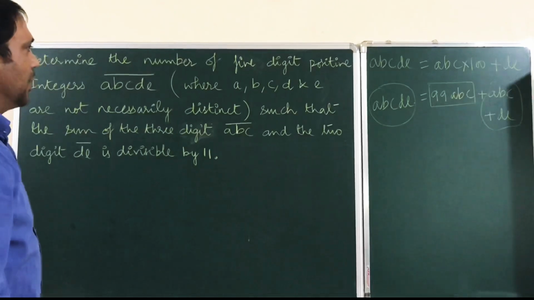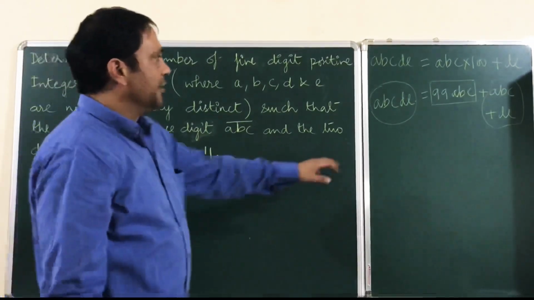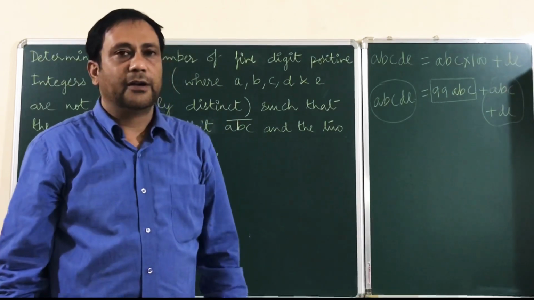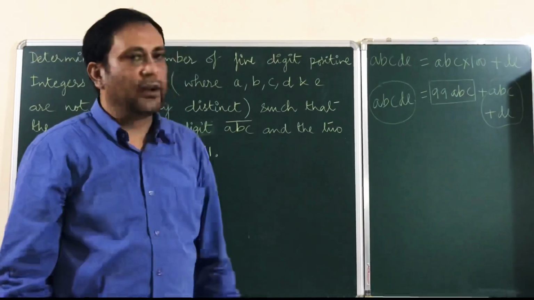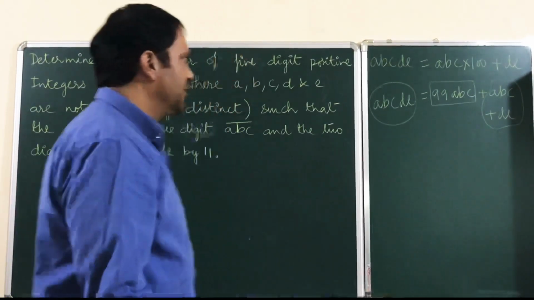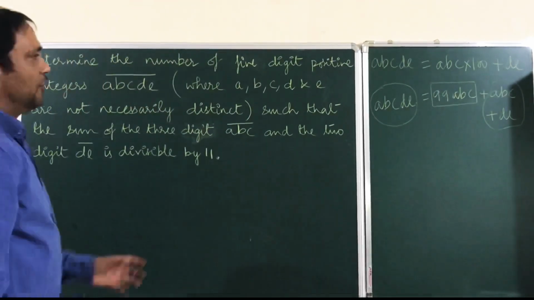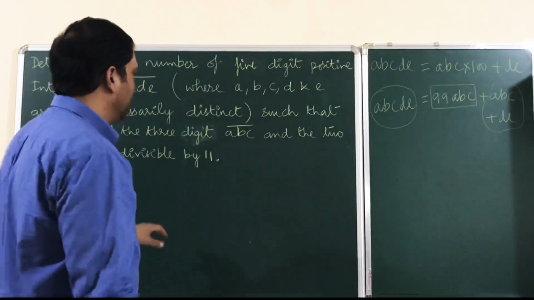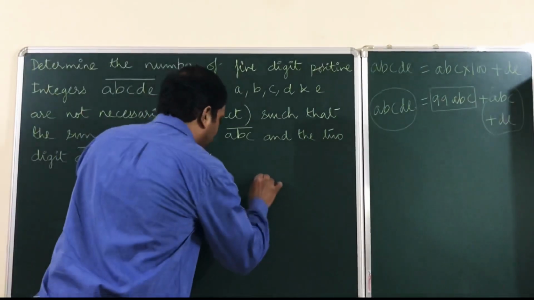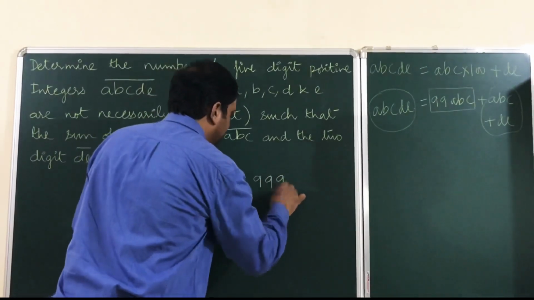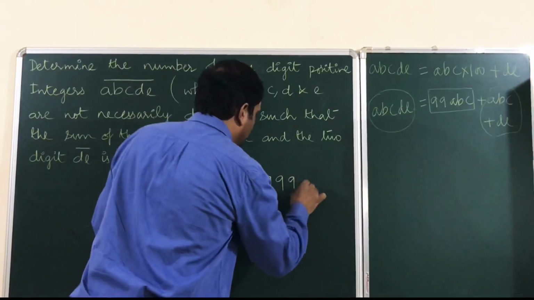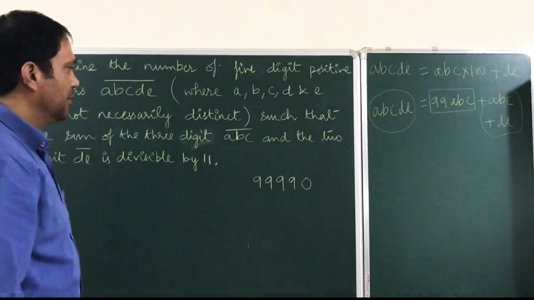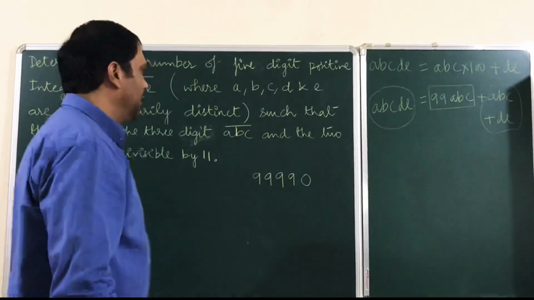So now how can we solve this? We can find the number of 5-digit numbers which are multiples of 11, as simple as that. What is the biggest 5-digit multiple of 11? That is 99990. This is the biggest 5-digit multiple of 11 you will get.